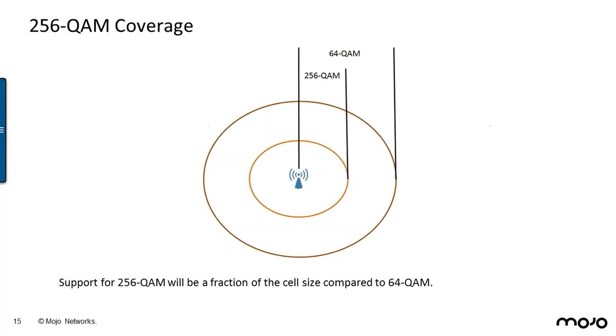So let's see. This is just making the point that if you're trying to support 256 QAM, you can look at the size of the coverage area relative to 64 QAM. It's a much smaller cell size where you're going to be able to support 256 QAM. For those of you that aren't really familiar with why that is, we did have a webinar series that I believe is still available.